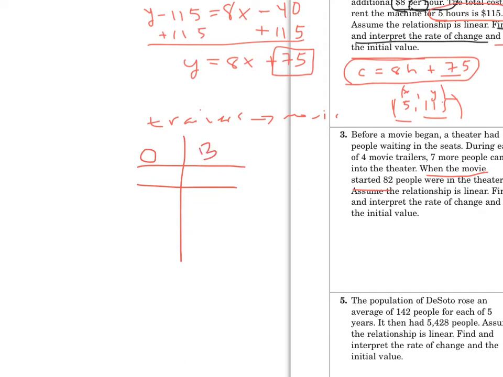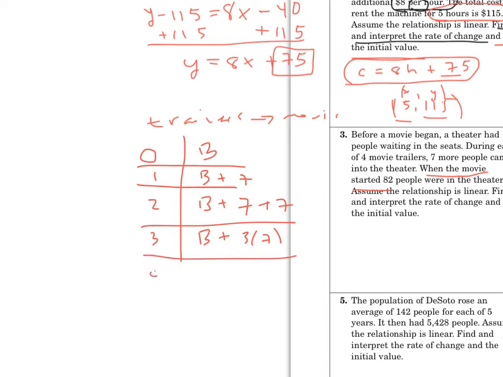Then the first movie trailer comes in, and there's b plus 7, and then at the second trailer, you get b plus 7 plus another 7, right? And on the third, you have however many people you started with, plus 3 times that 7, because now you're just going to add another one. And then after the fourth trailer, you have b plus 4 times 7.